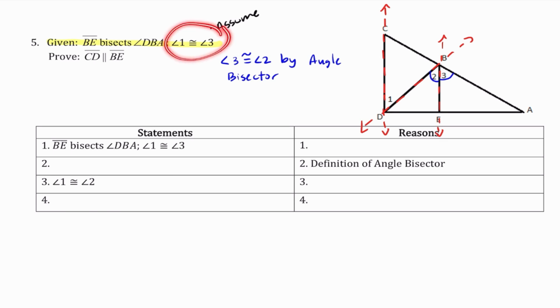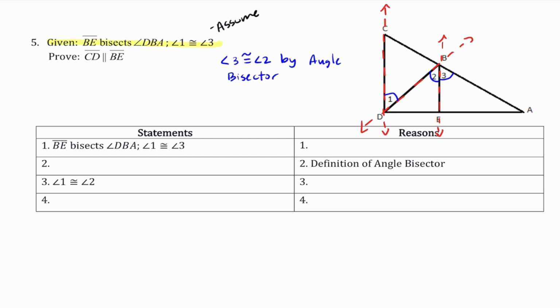But we cannot forget about this part of the given. Angle 1 is congruent to angle 3. Here's angle 1, here's angle 3. We know that angle 3 is congruent to angle 2, and angle 3 is congruent to angle 1, so it should have a single arc, because angle 1 and angle 3 have the same measure.